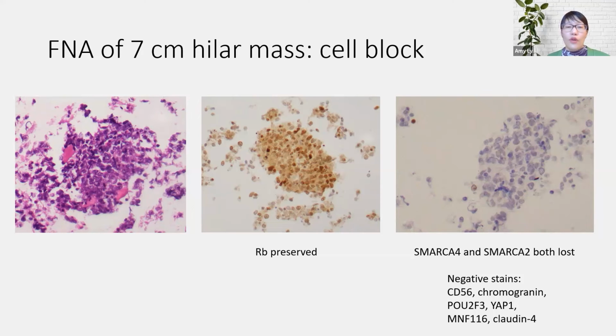They were all negative for all the neuroendocrine markers, including the more recent POU2F3 and YAP1 markers. Keratin was negative, Claudin-4 was negative. And so with just FNA and cell block, we were able to reach a diagnosis of favoring a SMARCA4-deficient undifferentiated tumor. So we can be very successful even if we don't have core biopsy.